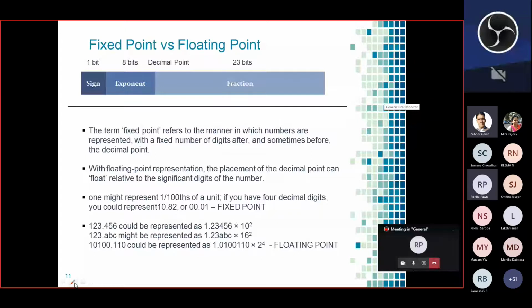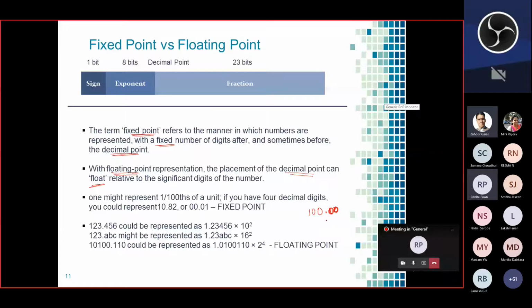The difference here, in simple words, is that with a fixed point processor, the decimal point will be fixed. Whereas in floating point, the decimal point can float or be varied. For example, let us say you want to represent a number like 100.12, or for simplicity, simply 100.